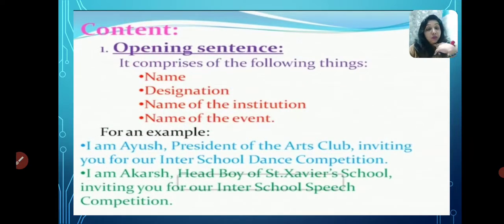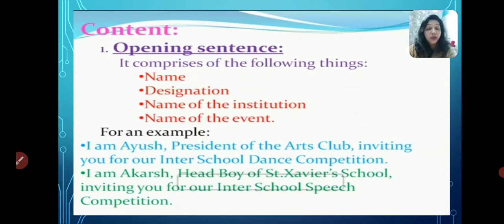Now let us come to the content part. In the content part, the opening sentence is very important, because you are introducing yourself and the purpose for which you are writing this email. In the opening sentence you should include these four important things.